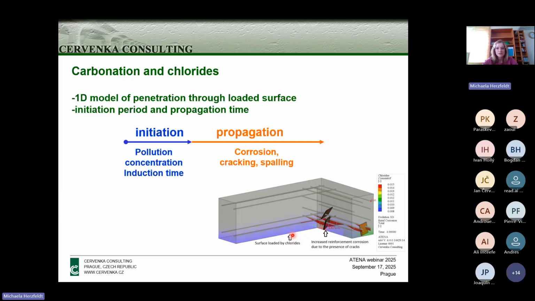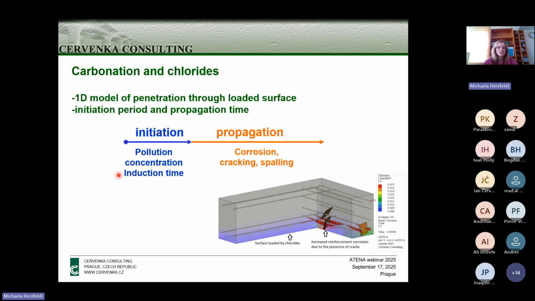And through the surface, there is a 1D model that is searching for the embedded steel in the shortest direction from the surface. During the initiation period, we are checking the pollution, like if the carbonation already reached the steel or chlorides have a high concentration at the level where the steel is placed, and it can start to trigger the corrosion of embedded steel.